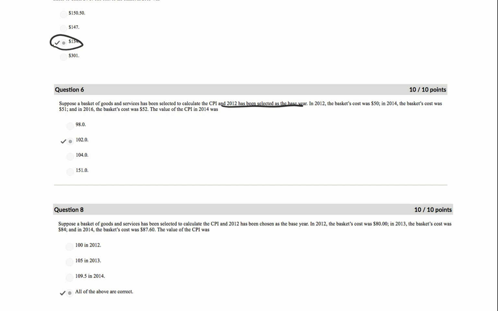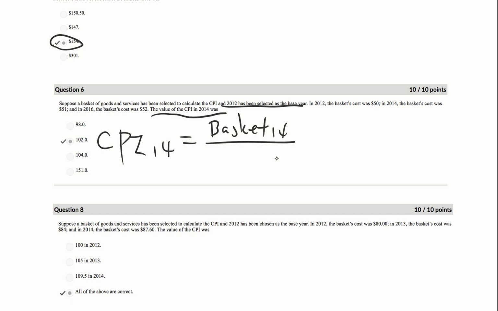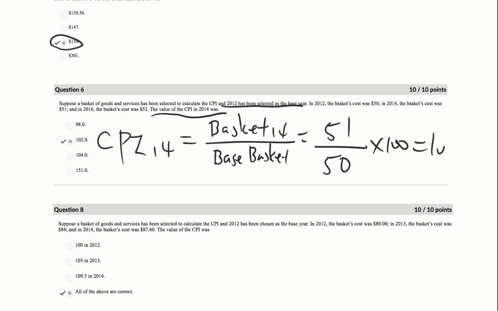We're looking for the CPI for 2014. So the CPI of 2014 equals the basket cost of 2014 over the base year basket cost, which is 2012. So 2014 costs $51, 2012 costs 50, times 100. The answer should be 102. Okay, so the answer is B.